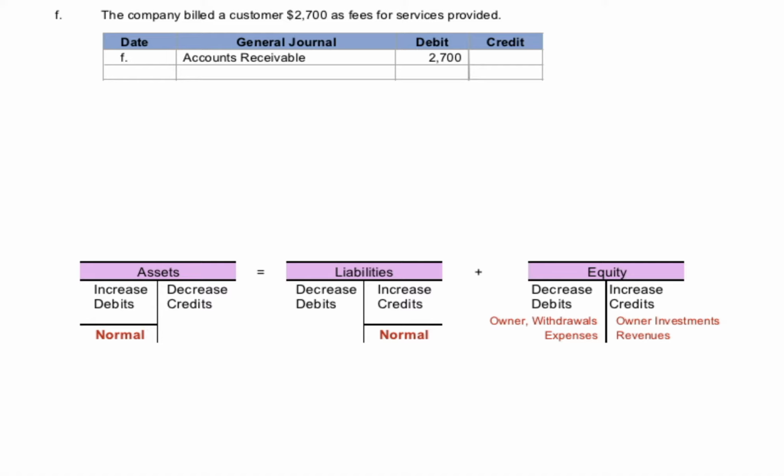It will turn into cash in the future, and if I had to, I could sell it for cash right now. So to increase this asset account, accounts receivable, I will debit it. And showing the fees earned is my revenue account, showing this is what I do for a living, providing services for customers. So I have a credit to that revenue account.